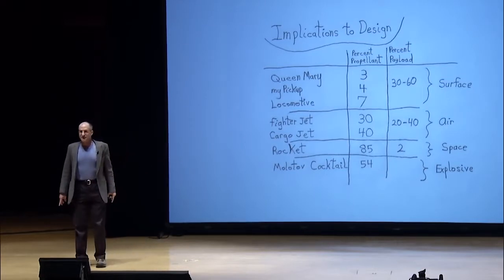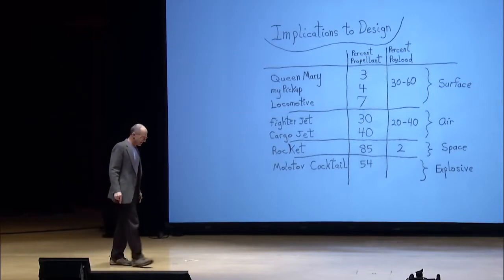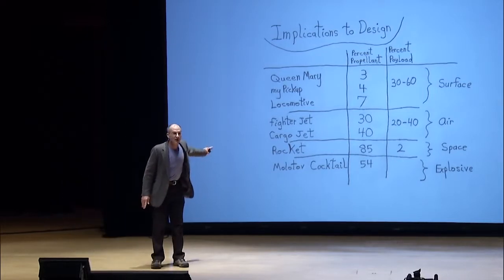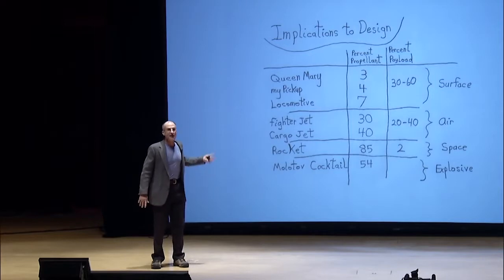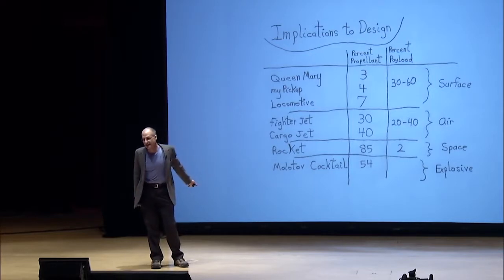They're called explosive devices. And there's a Molotov cocktail. And so rockets are closer to explosive devices than they are to any other kind of vehicle that we're used to traveling in. And if the energy involved in using a rocket gets released in any other way than it was designed, its result is similar to that of an explosive device.